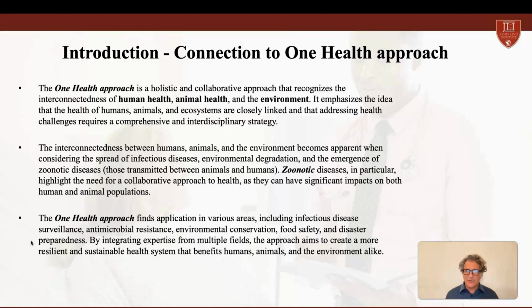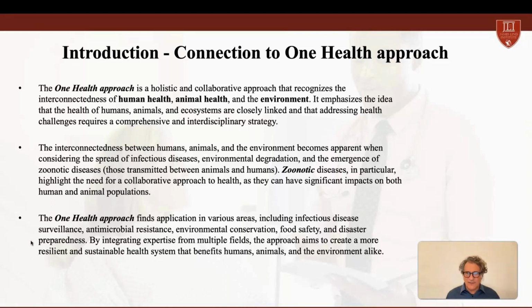But if we would like to solve this problem, which is especially transmitted from animals to humans, we have to use this holistic approach. So every time you read something about the One Health approach, it means that it will cover, from the analysis, the research, to any sort of policy, human health, animal health, and the environment.